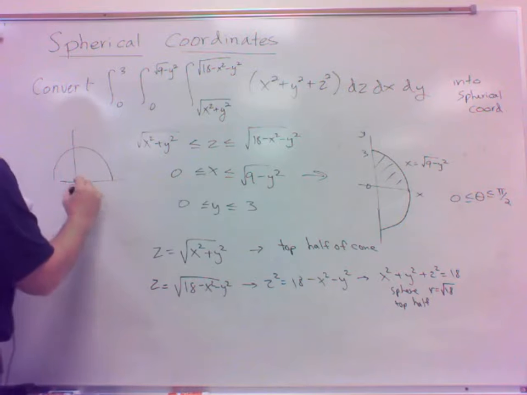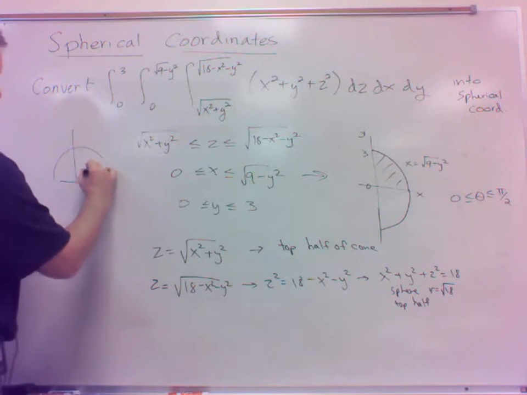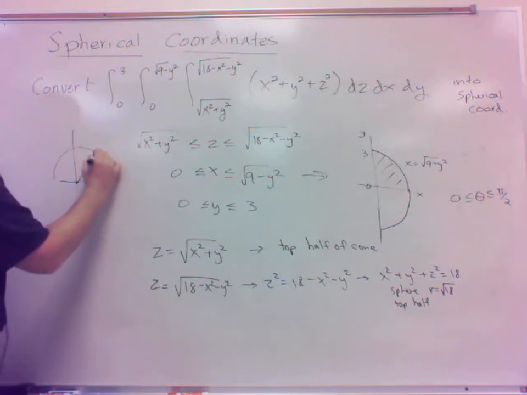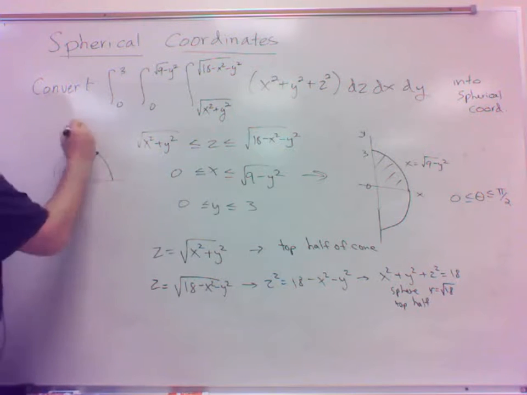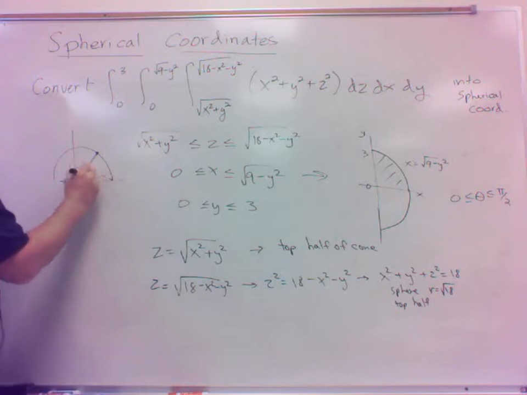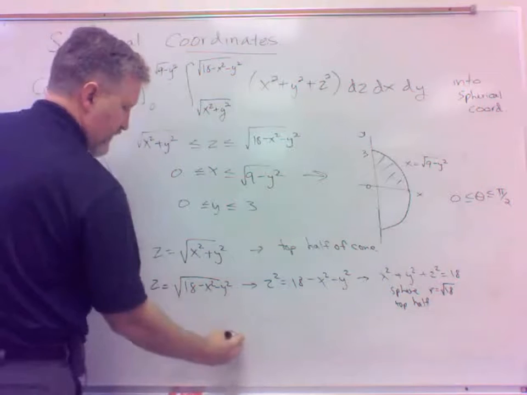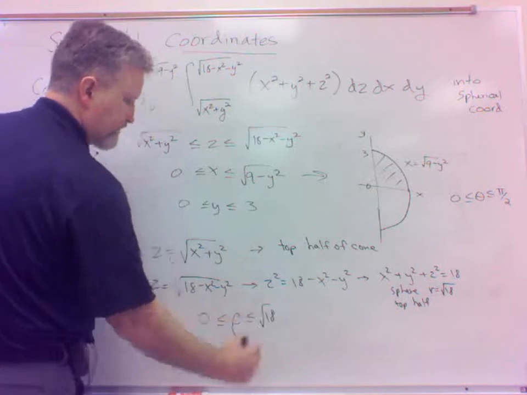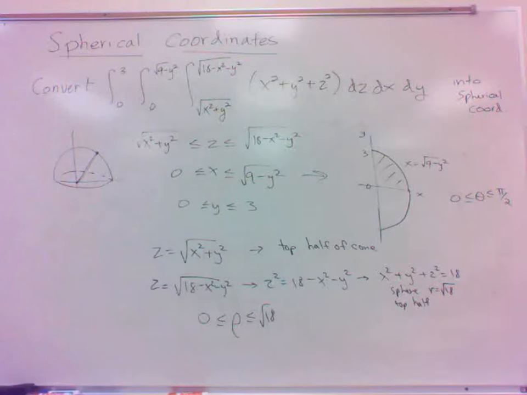Rho is going from, my cone is in here, so I'm going to start at 0 and then go out to the sphere, so that would tell me rho is between 0 and square root of 18, or square root of 3 times the square root of 2.